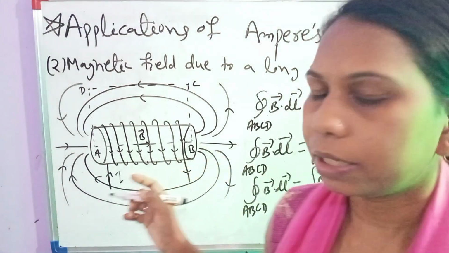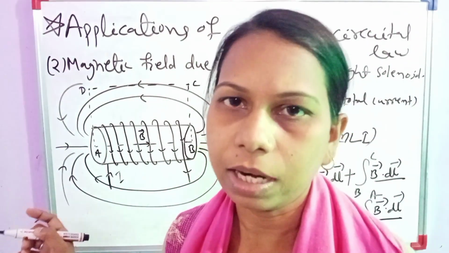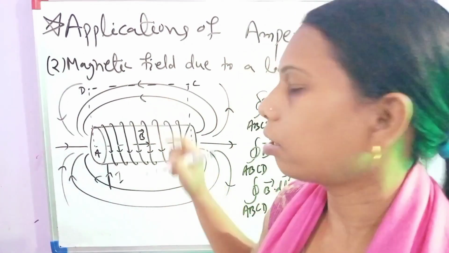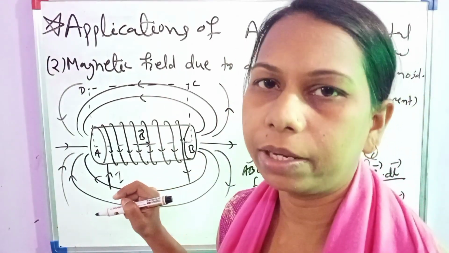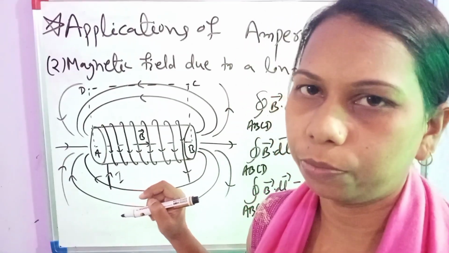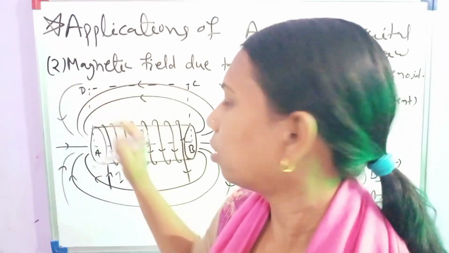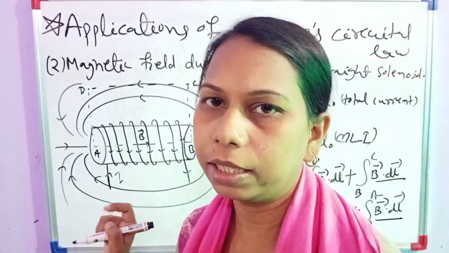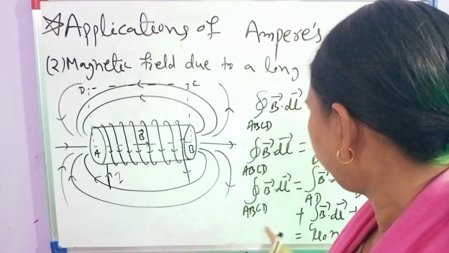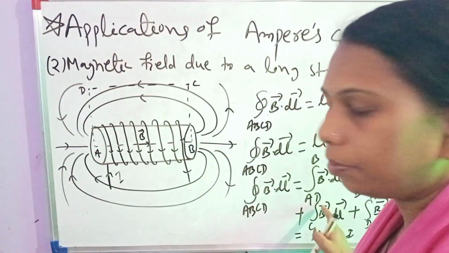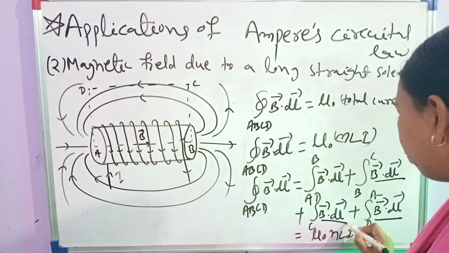Again remember that practically the magnetic field outside a solenoid whose length is very much greater than its diameter is 0. So practically the magnetic field will be 0 along the path CD, so that integration will also be 0.